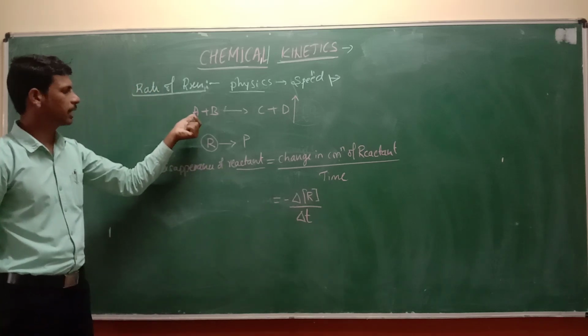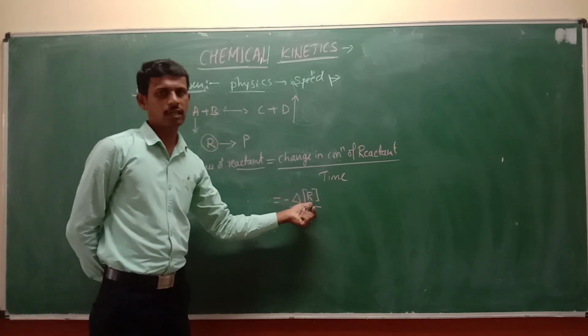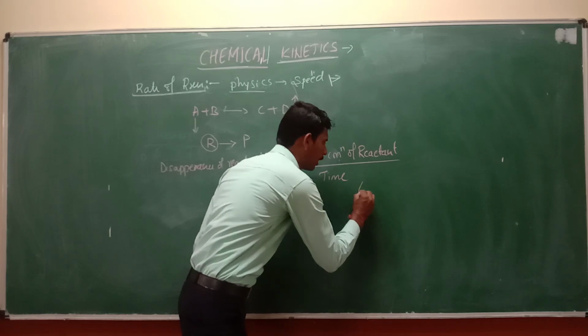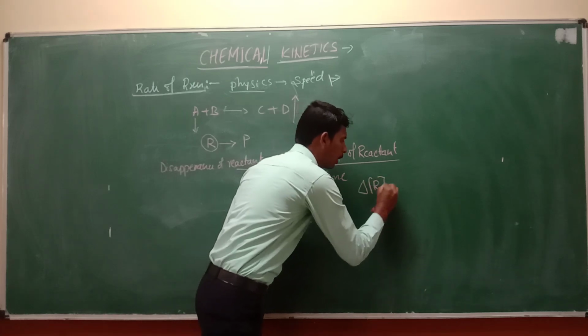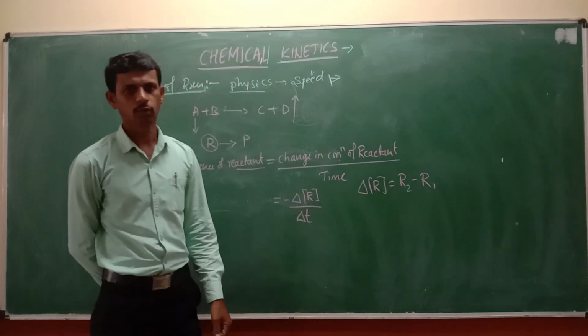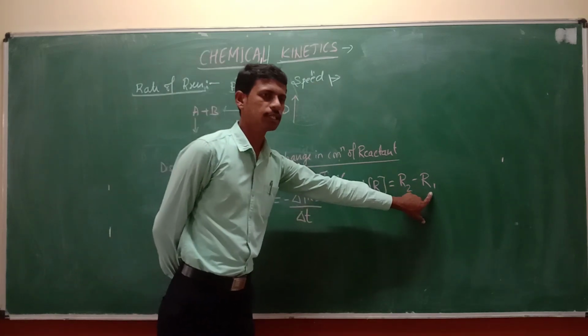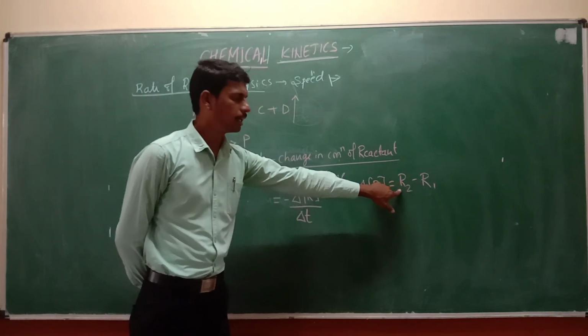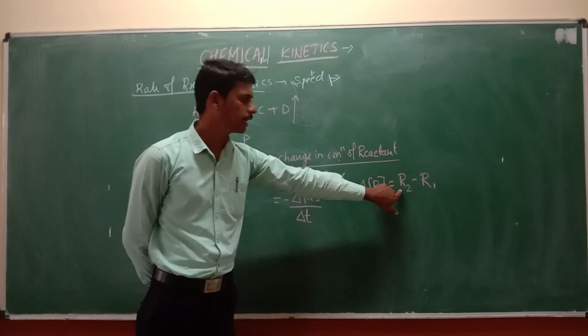When we find delta R, we write delta R equals R2 minus R1, where R1 is the initial concentration of the reactant and R2 is the final concentration of the reactant.